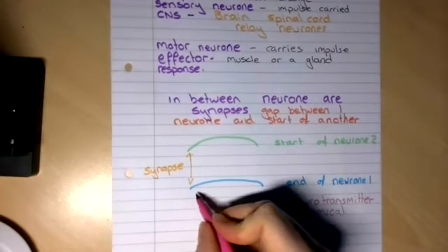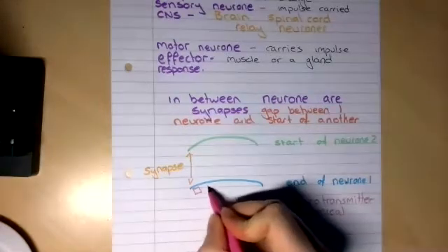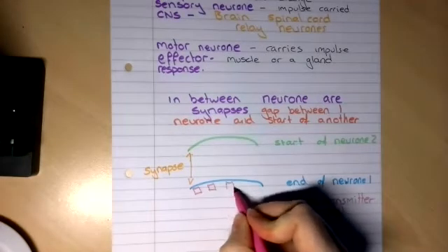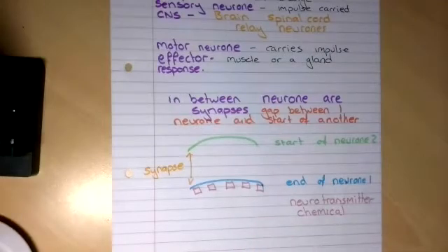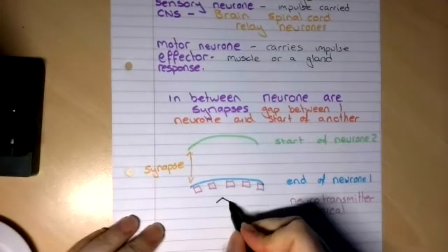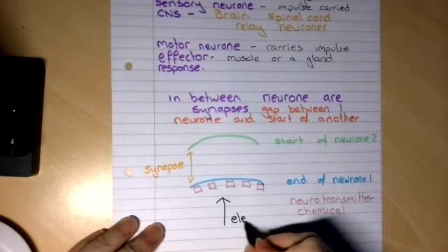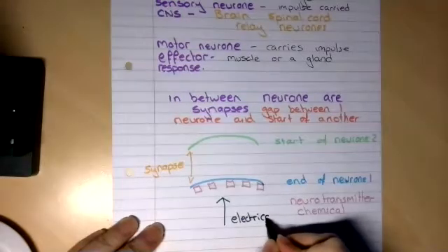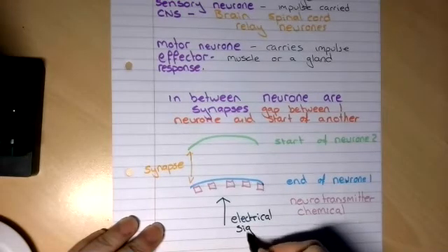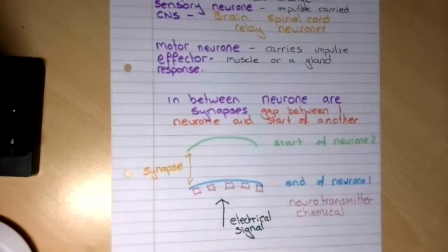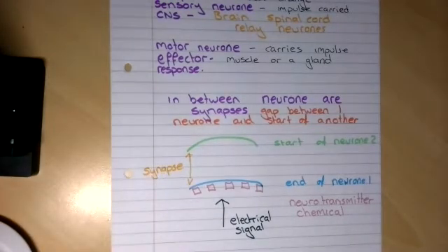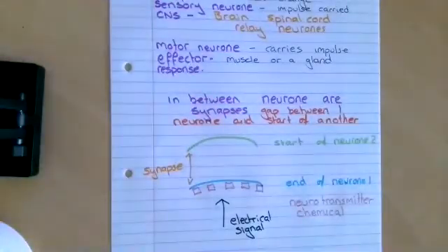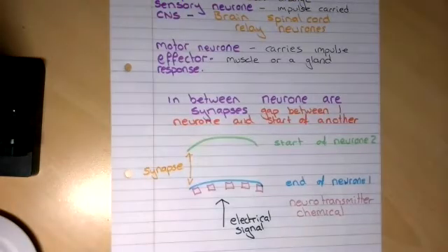Now, what happens is the end of neuron 1 receives the electrical signal. This then causes the neurotransmitter to be released. Light went off there a second, sorry guys.